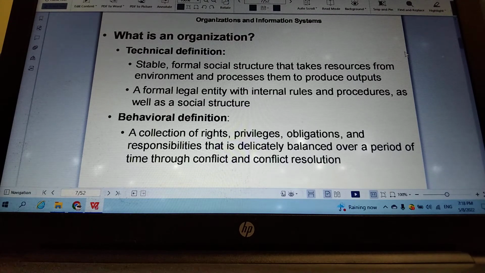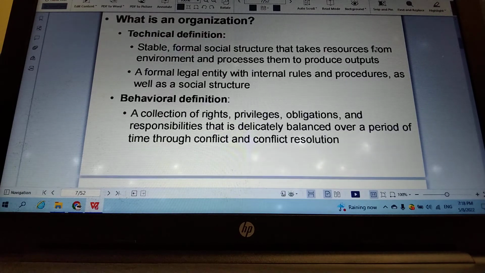So let's move on to the other definition under behavioral: a collection of rights, privileges, obligations, and responsibilities that is delicately balanced over a period of time through conflict and conflict resolution. This doesn't really sound technical, it is more behavioral.